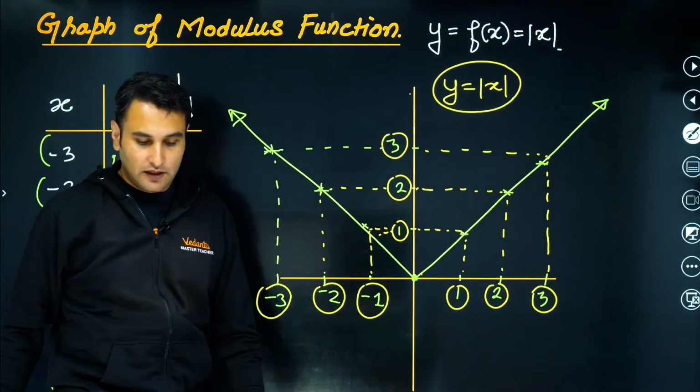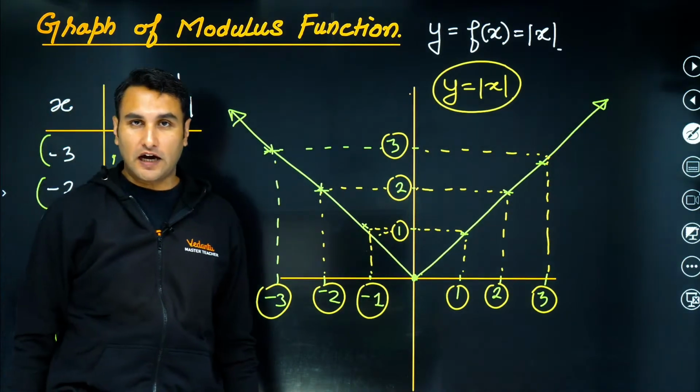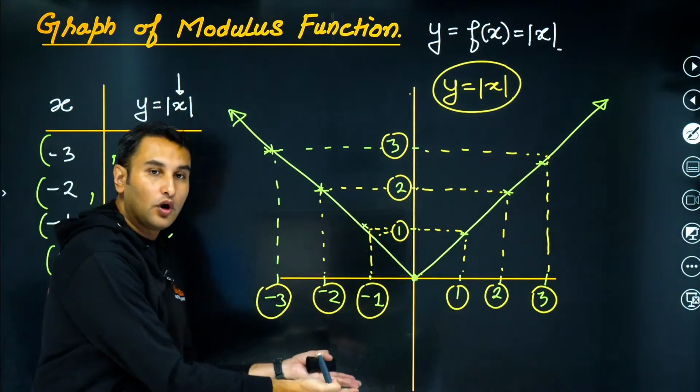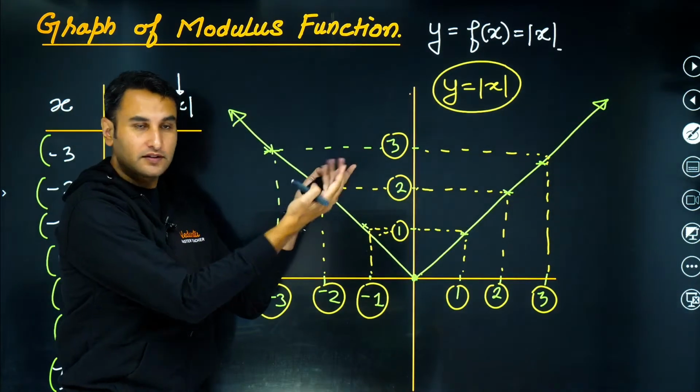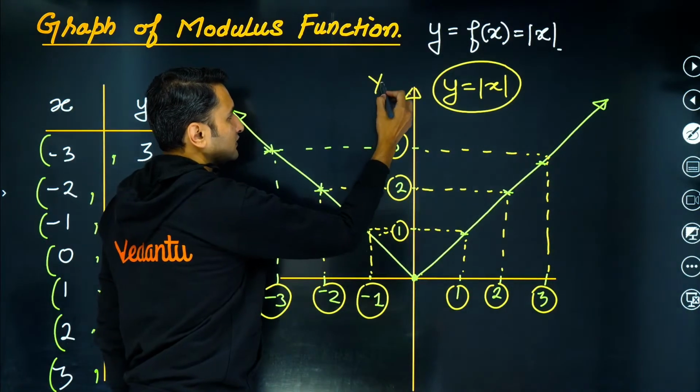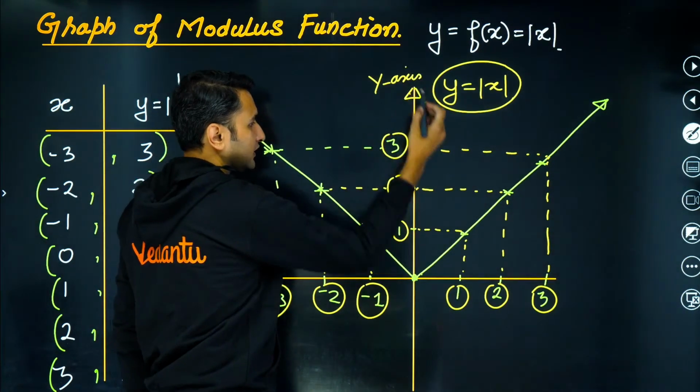Agree? Yes. So this is a beautiful V-shaped graph and it passes through the origin, and remember this graph is always above the x-axis. Do you observe this? This is the y-axis, and this is the x-axis.